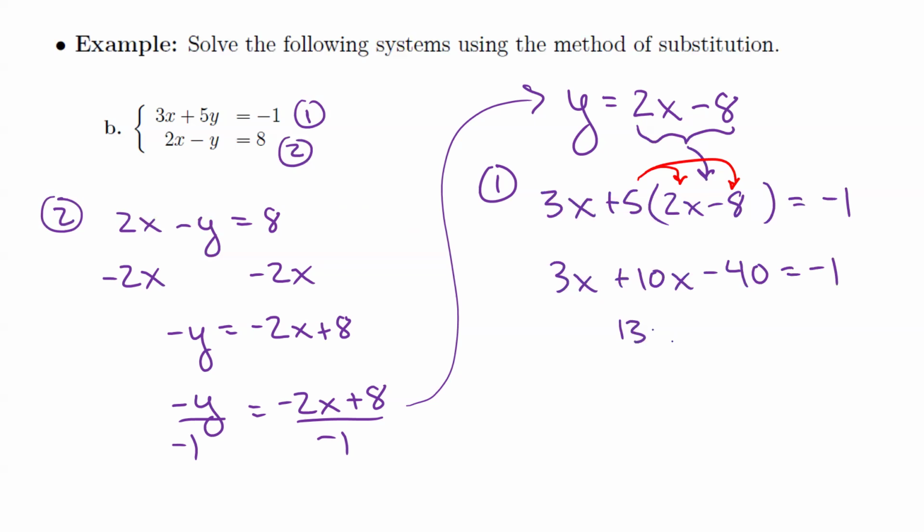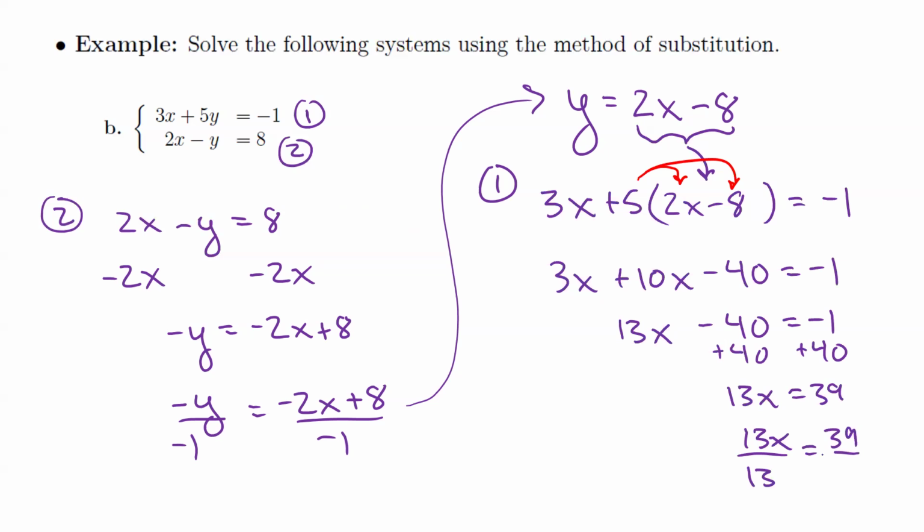So 13x minus 40 equals negative 1. Add 40 to both sides, so 13x equals 39. So my x must be equal to 3.